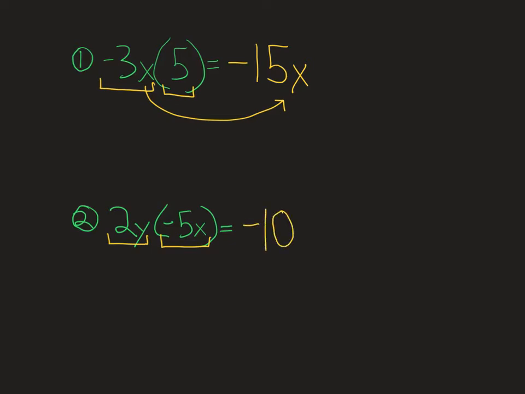And then we have an x and a y. They both get attached. Notice there's no issue of being like or unlike. The x and the y both become part of that new product, that new multiplied answer. They both just tag along and you put them on the end. Same thing on this first one, that x just tags along and becomes part of the product of that new answer. Okay, moving forward.